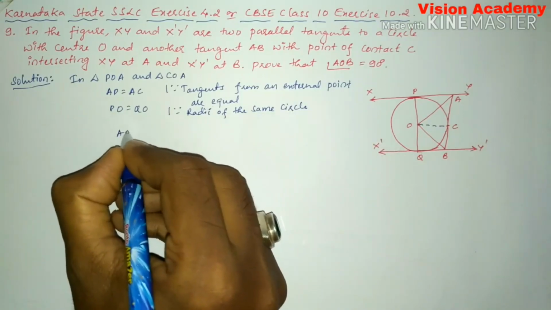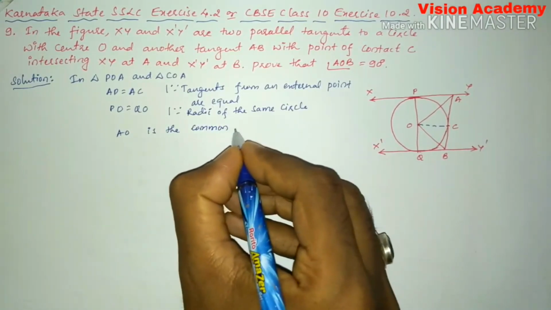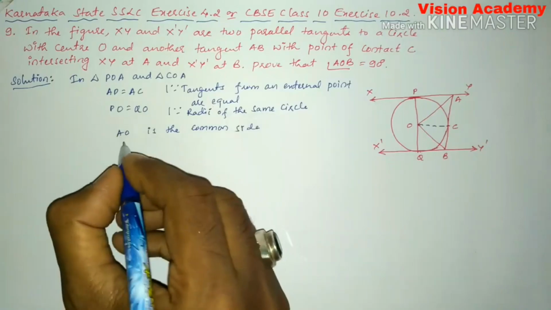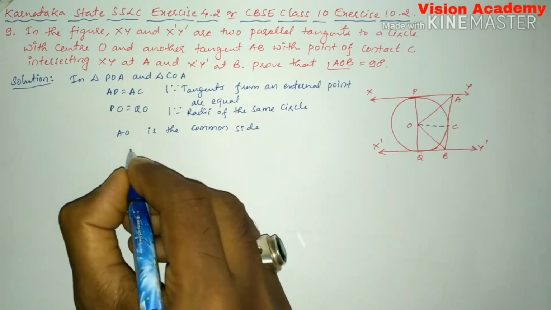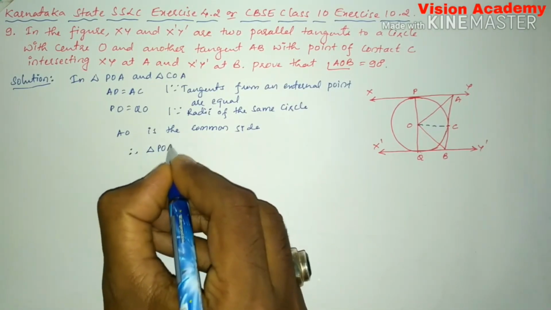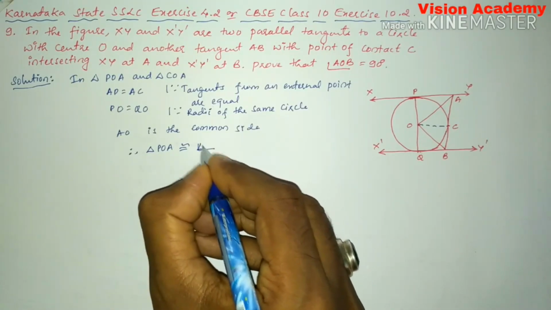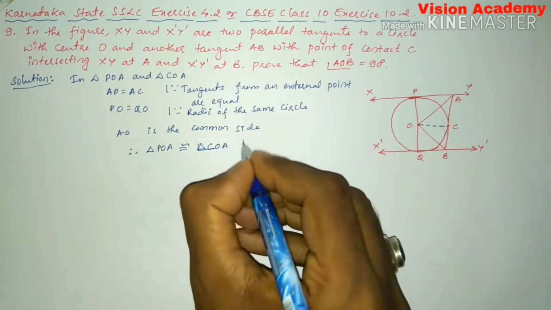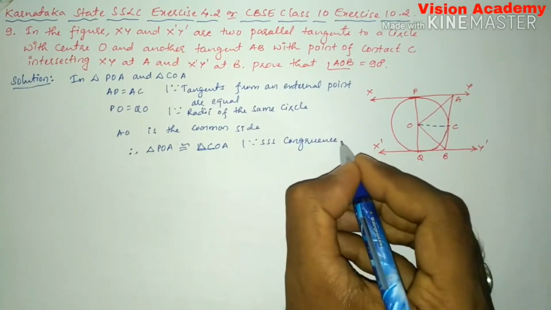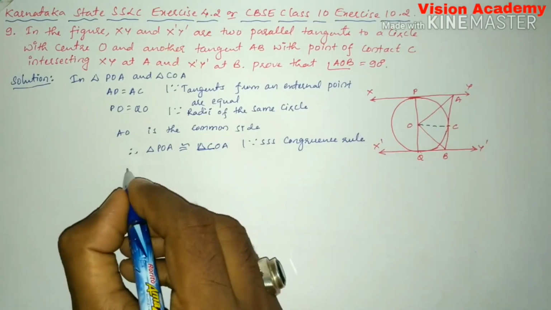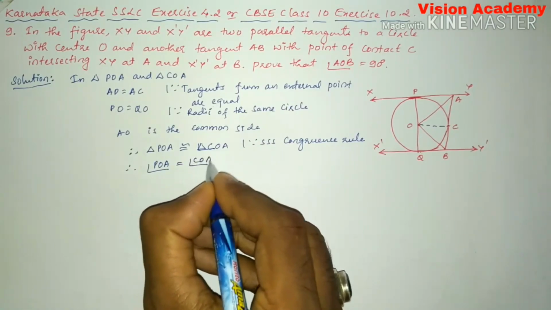Here AO is the common side. So according to SSS congruency rule, that is side side side congruency rule, therefore we can write triangle POA is congruent to triangle COA. It is because of SSS congruence rule. Therefore angle POA is equal to angle COA.